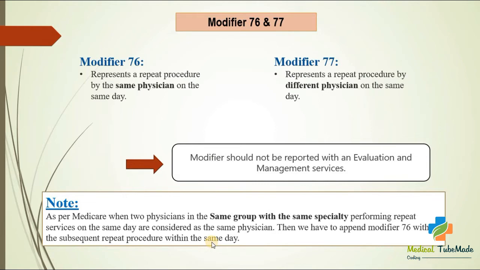If a repeat procedure is done by a different physician but both physicians belong to the same specialty, we should consider it modifier 76, meaning it's the same physician. So we need to check specialty as well.